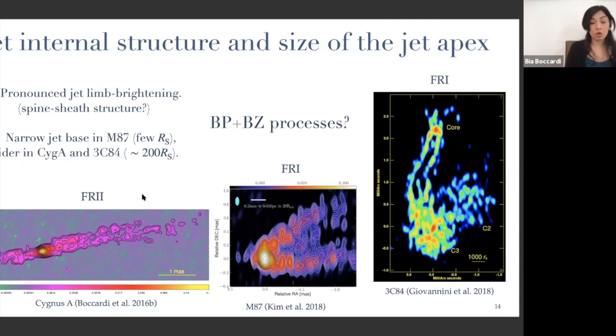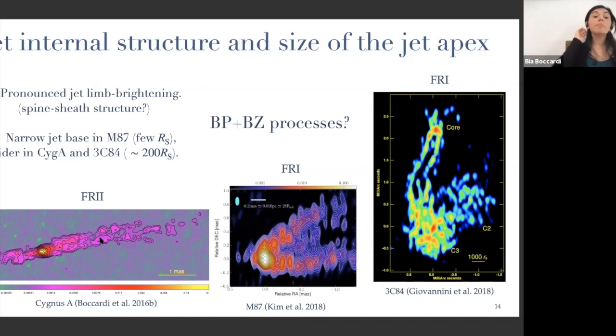This is what I was mentioning before. If there is a fast spine at the center of the jet, then, because we are observing these jets at relatively large viewing angles, the Doppler factor of the central part of the jet will be lower than the one at the edges of the jet, which probably moves slower.